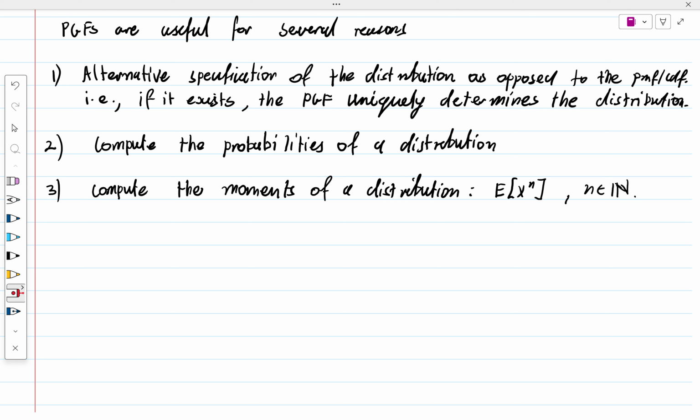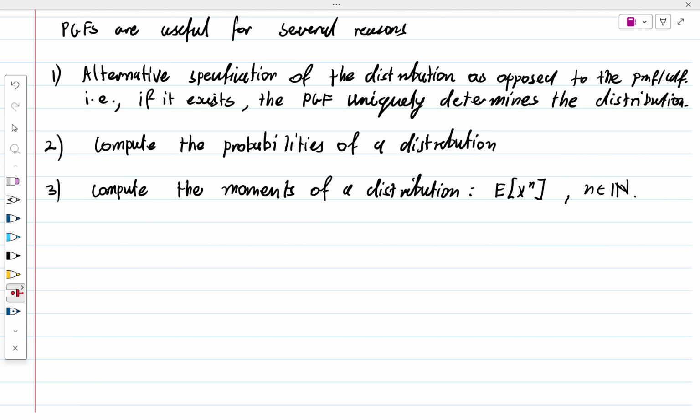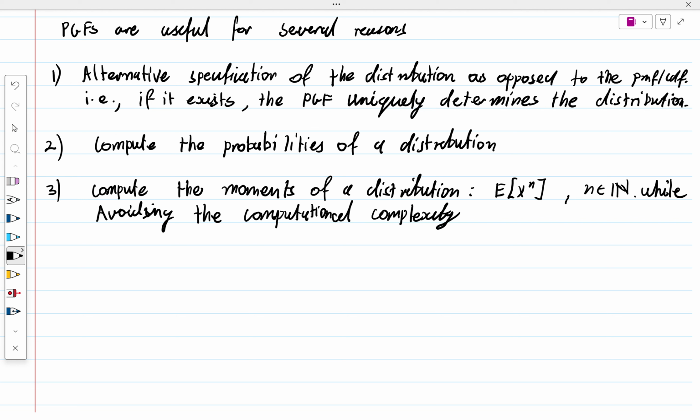Now, there's an important point here. Computing the moments with a PGF is actually computationally smart. It effectively avoids the complexity of, and I'll write that down, while avoiding the computational complexity of summation.